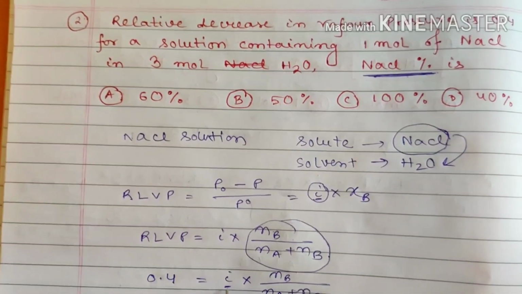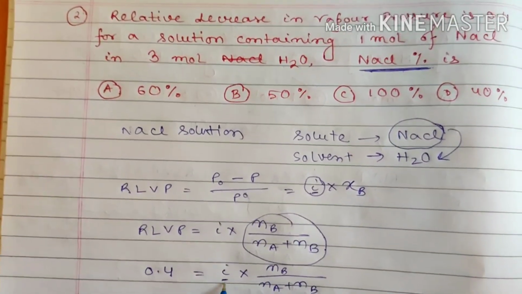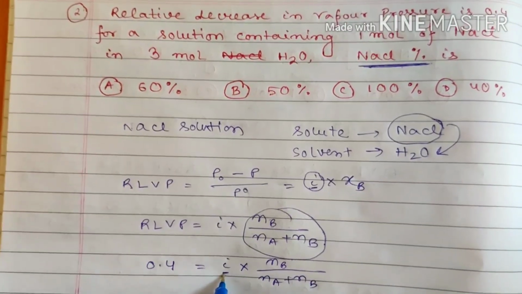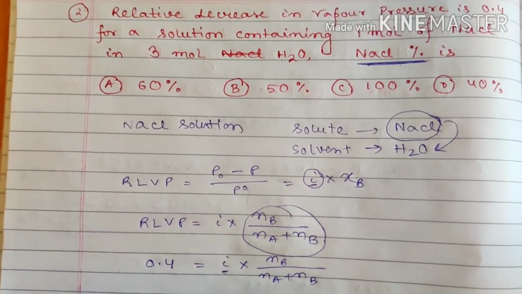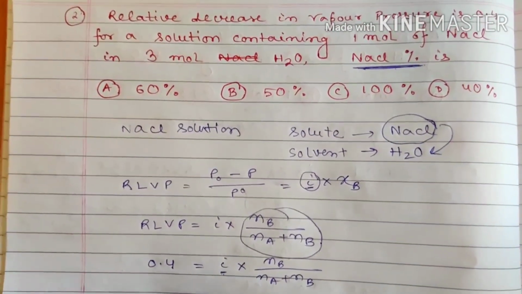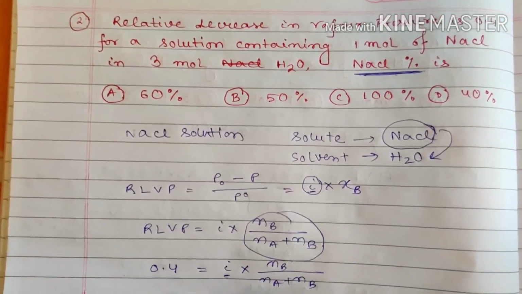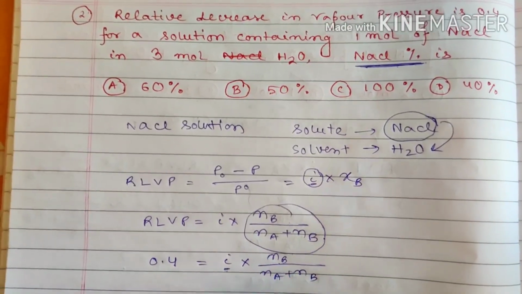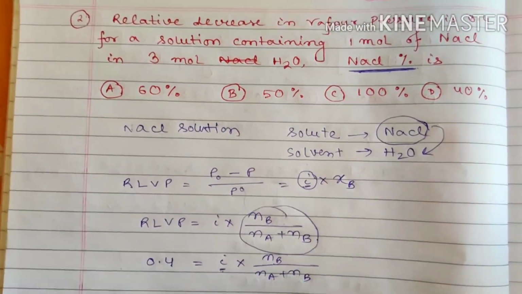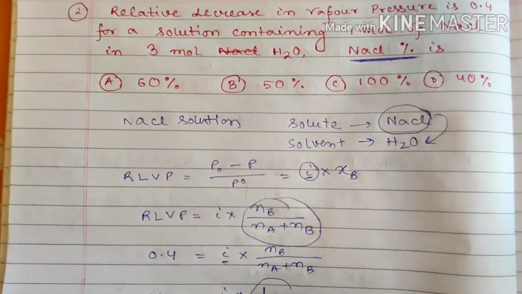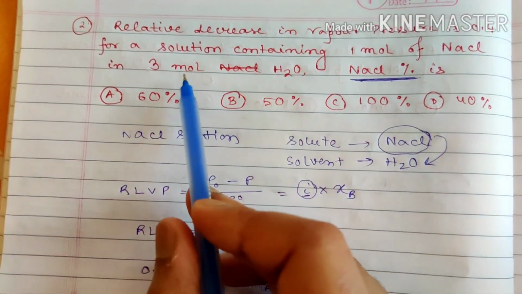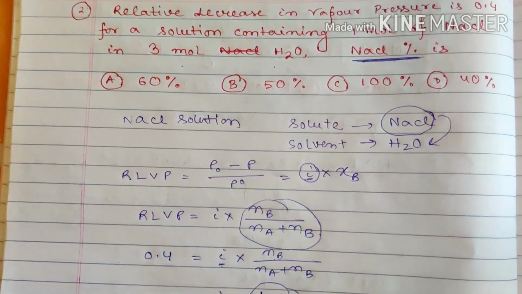Obviously for NaCl we can directly write down the i, but let us find the value of i using the other values. That means it will be 0.4 equals i into the number of moles of solute, which is 1 mole of NaCl, by 1 plus 3. Remember, 3 mole of water, 1 mole of NaCl.